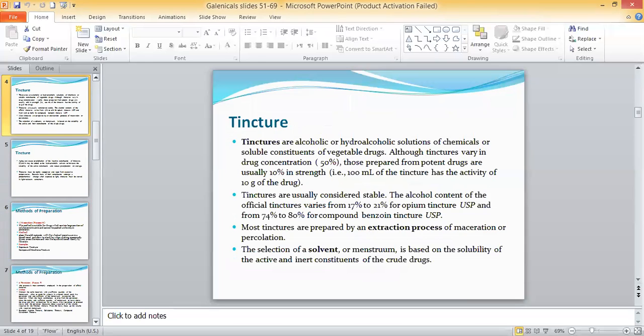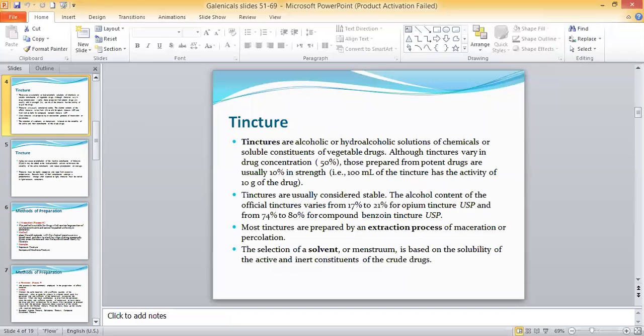These are solutions of active constituents or biologically active compounds from the plant source, from the vegetables, from the herbs, from the weeds.